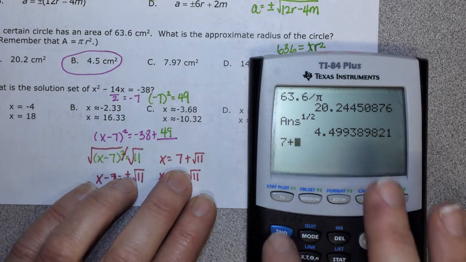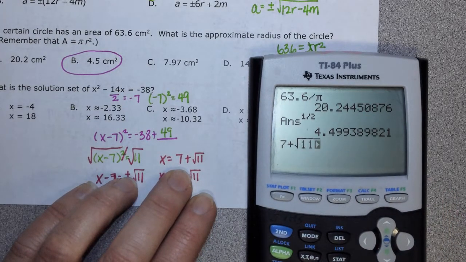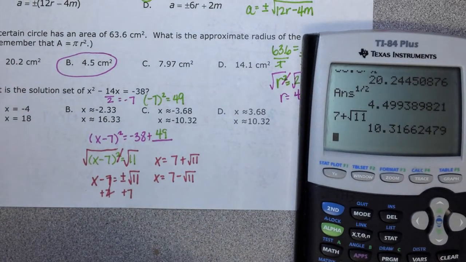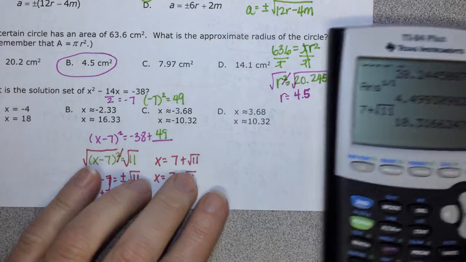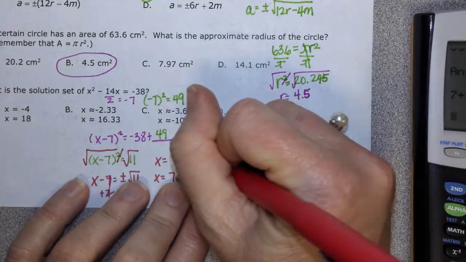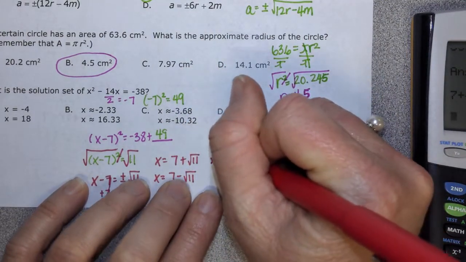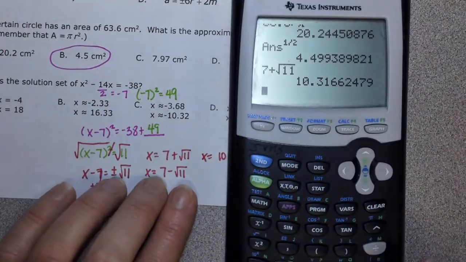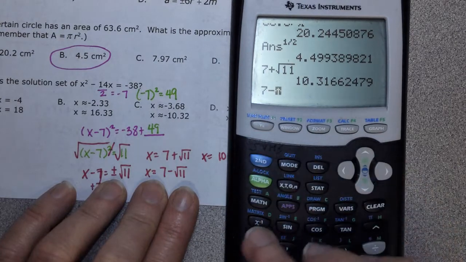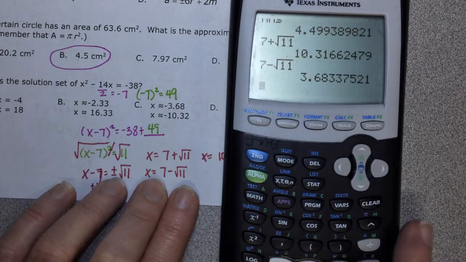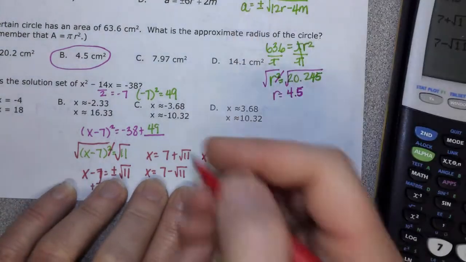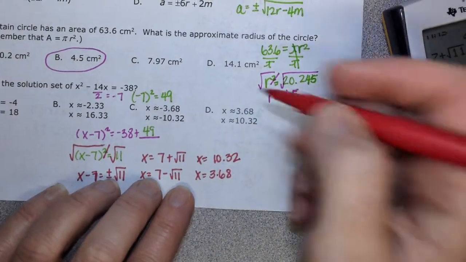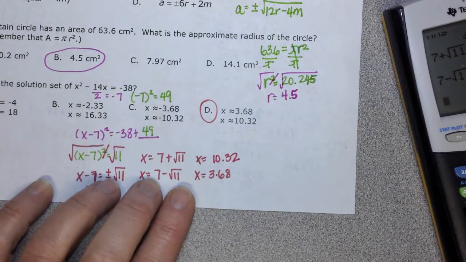So 7 plus the square root of 11 gives me 10.317, but I'm just going to round that to x equals 10.32. All right, and then for the other one, I'm going to do 7 minus the square root of 11, and that gives me 3.68. So therefore, my answer is going to be D.